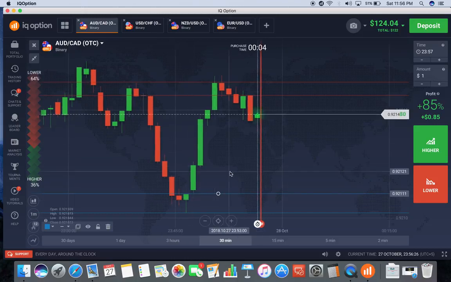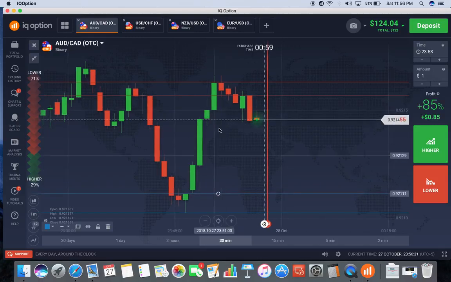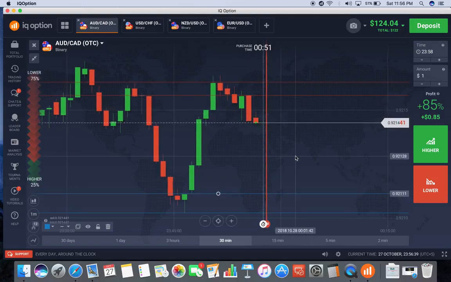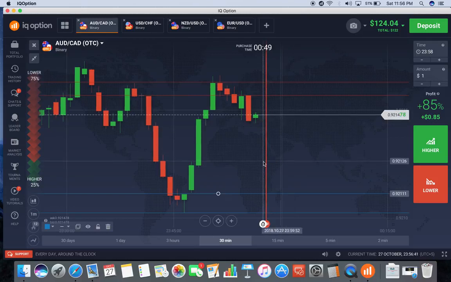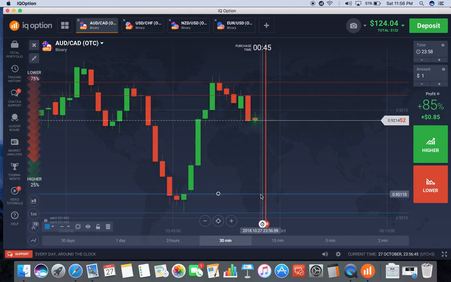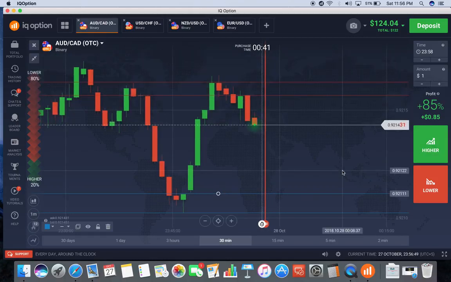Third, it traveled at least 2 times the distance, way more than that, before returning to this level. So 4, this demand zone also has 4 out of 4. It's just a matter of time till the price reaches here. So I will do some call options if it reaches there.